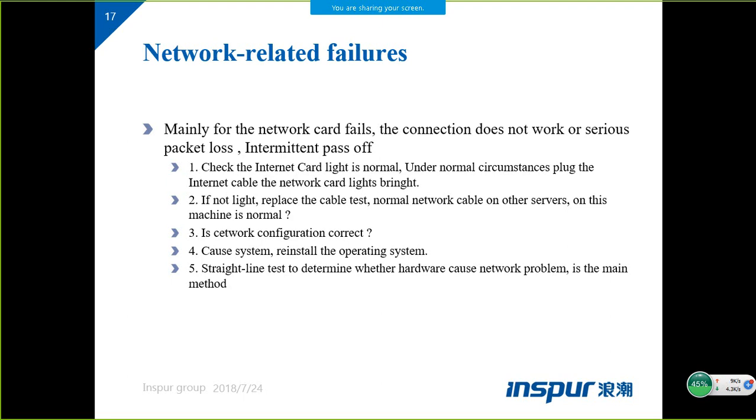And maybe sometimes it's about the system. So find the system operator to check whether there is something wrong with this system.